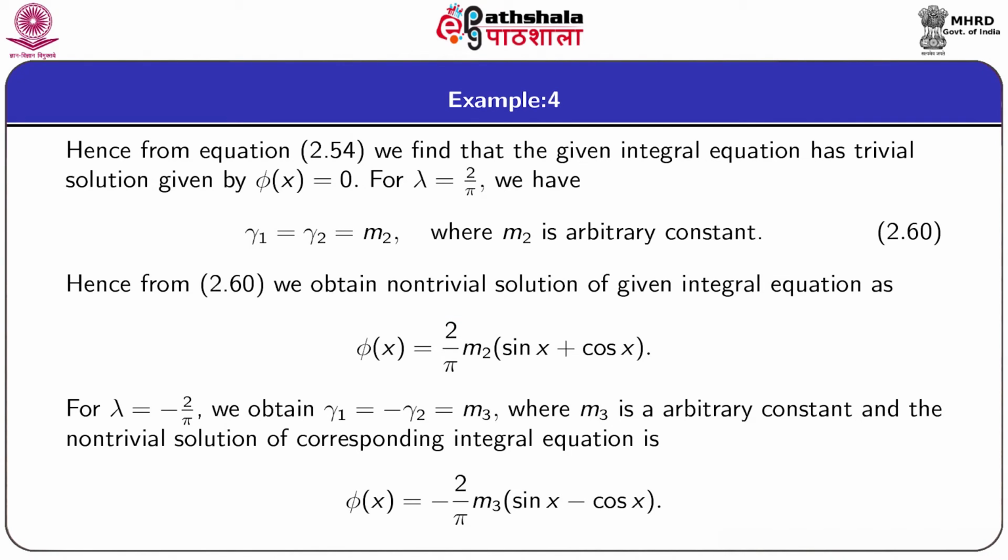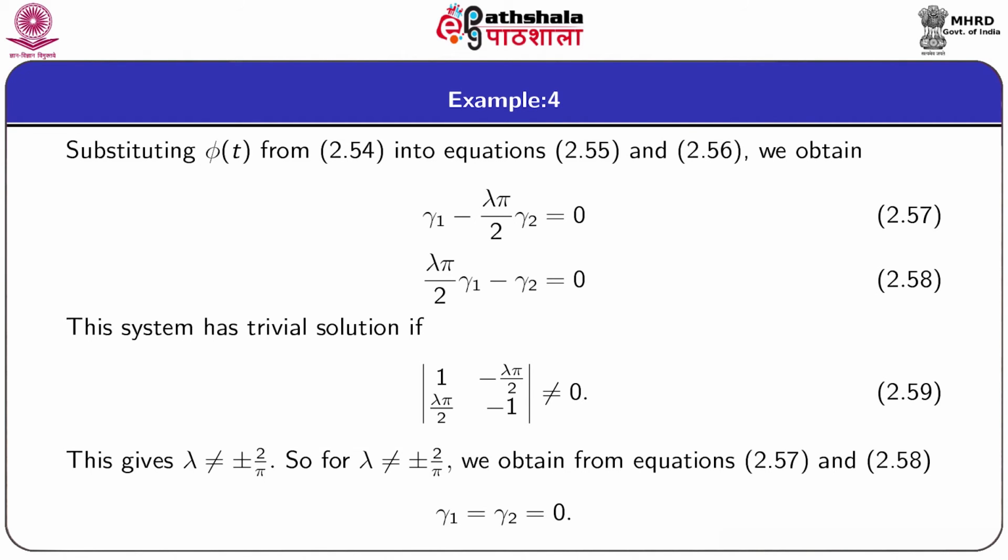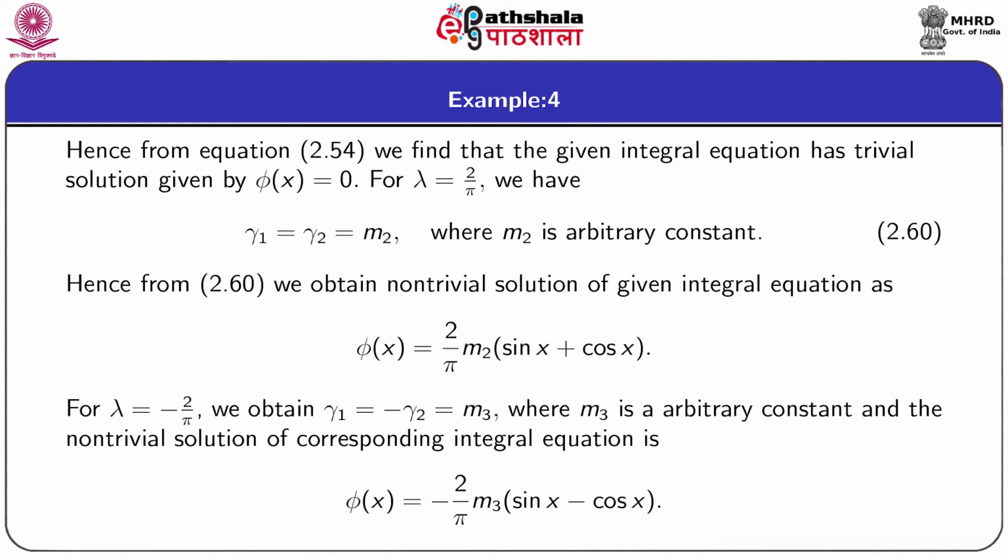In the next case, when lambda equal to minus 2 by pi, we obtain from the system of equations 2.57 and 2.58 that gamma 1 equal to minus gamma 2 and each is equal to some constant m3, say, where m3 is an arbitrary constant.